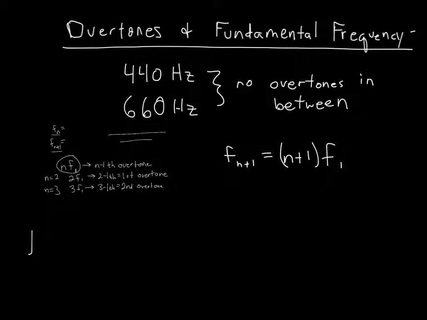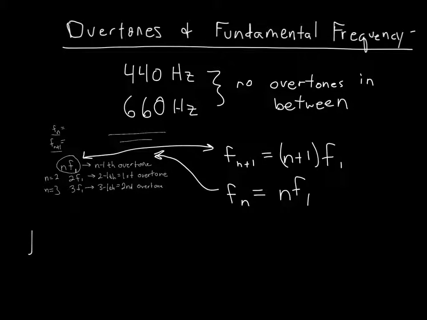That is the definition of this overtone based on this equation right here. We also know that f sub n, the nth overtone, is equal to n times f sub 1. All the overtones are again related to some multiple of the fundamental frequency. So I know that one of these is going to be f sub n, and one of them is going to be f sub n plus 1.